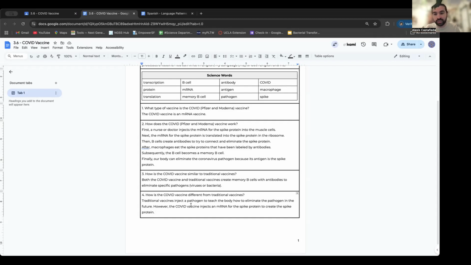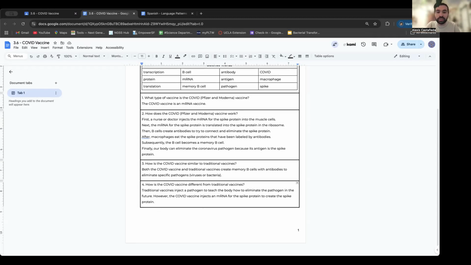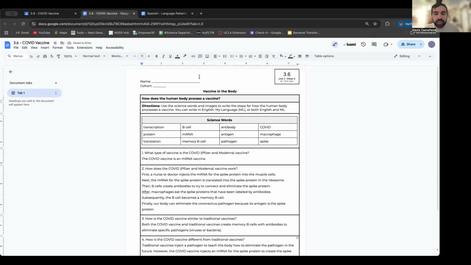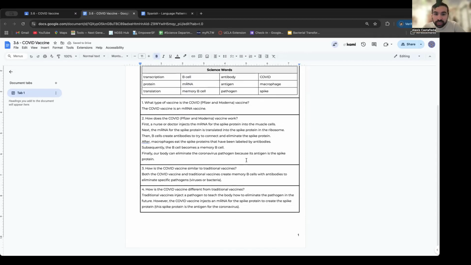So the COVID vaccine injects an mRNA for the spike protein to create the spike protein, and this spike protein is the antigen for the coronavirus for the immune system. There's no pathogen in this case.